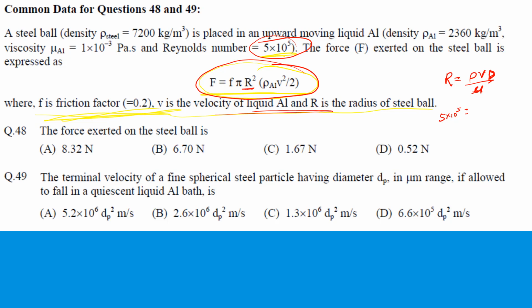We can write density, which will be the density of the fluid, 2360, into velocity we need to find, and D is equal to diameter, so we write 2R, divided by mu, the viscosity, which is 10 power minus 3. Okay guys, now if you do this calculation, I have done the calculation, let me check.